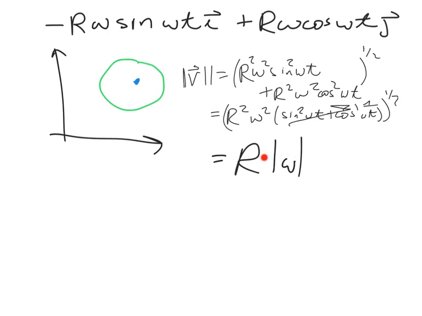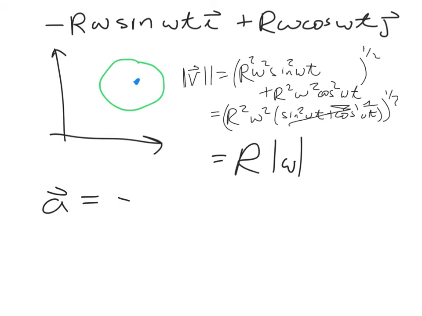So as you can see, when omega is small, our speed is slow. And when omega is large, our speed is large. What about the acceleration vector? What's happening to acceleration when we move in uniform circular motion? Well, to find the acceleration, we'll take the derivative of the velocity vector.